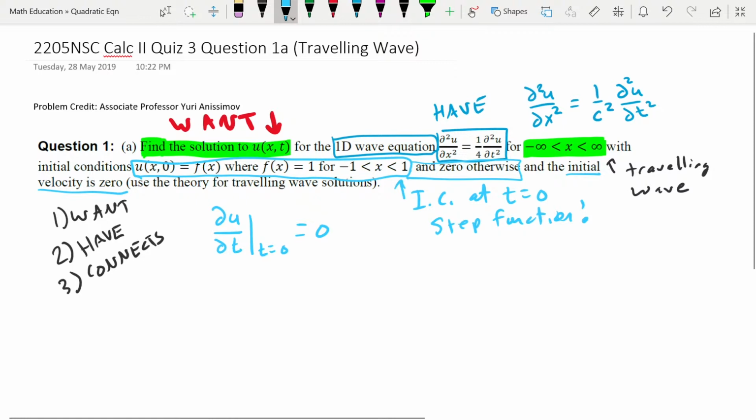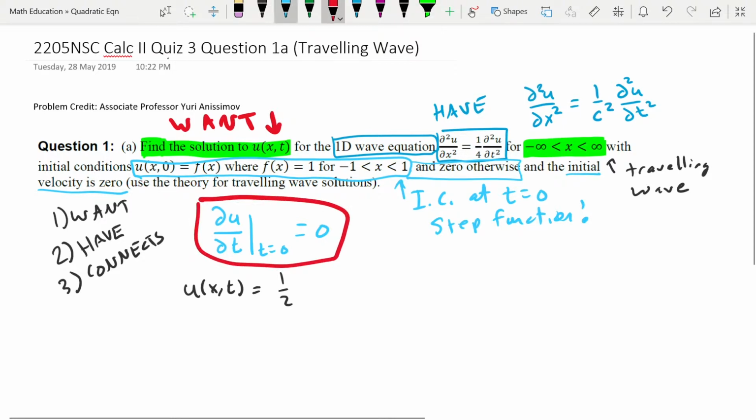And something that you should remember is that the general solution in this case, u of x and t, when we have this particular initial condition, let's undo that. Bad idea, bad Eric.